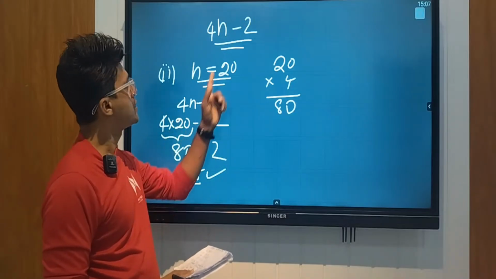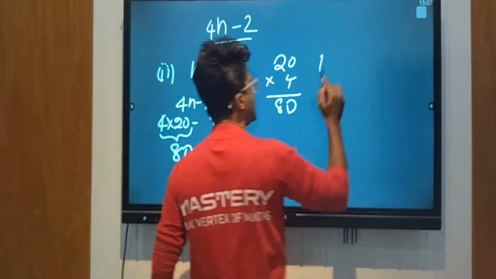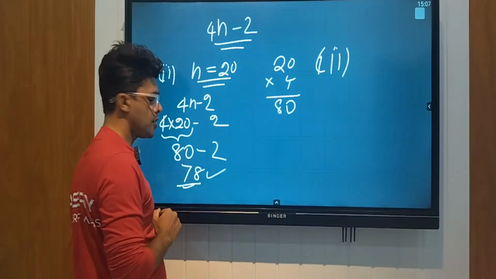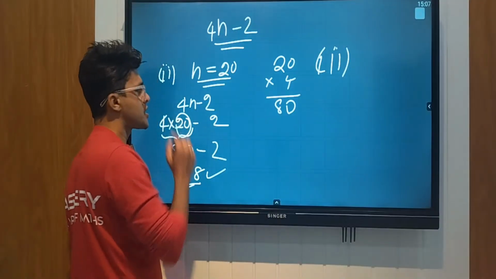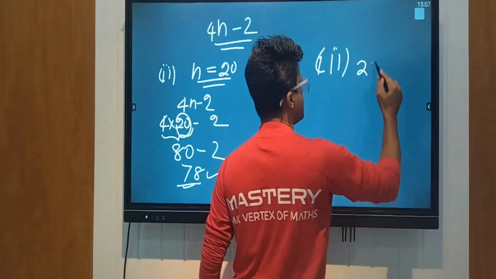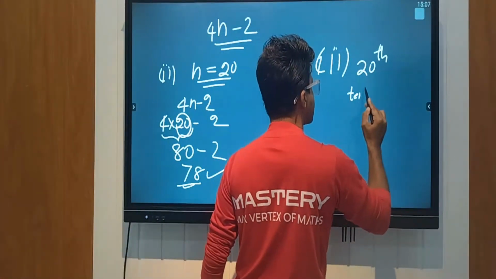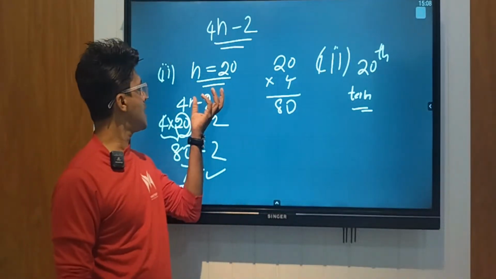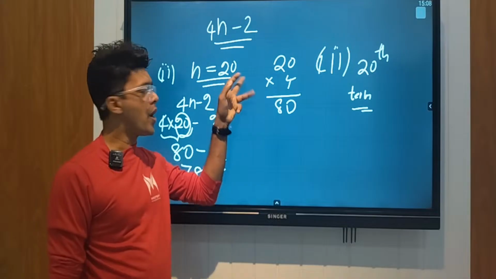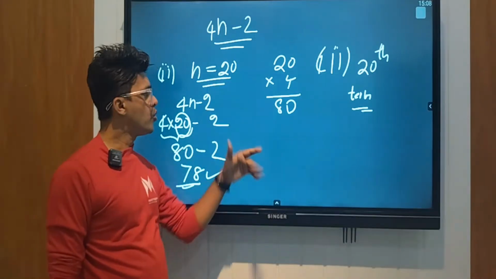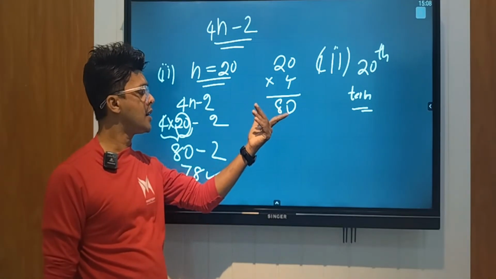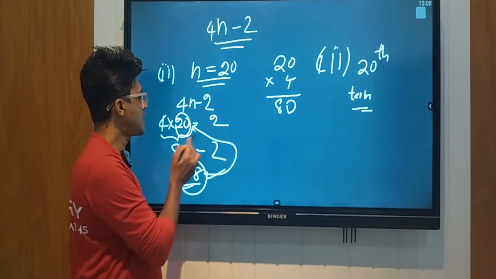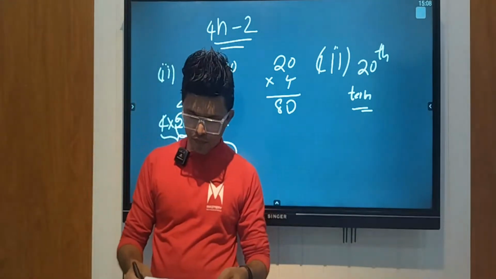In the second question, you found that the 20th term is 78. So in the third question, it's being asked which term is 78, and the answer is the 20th term.